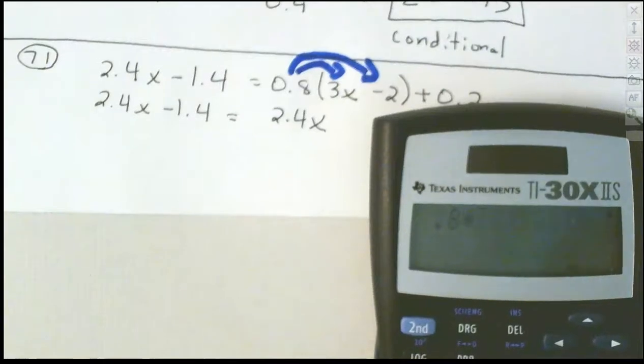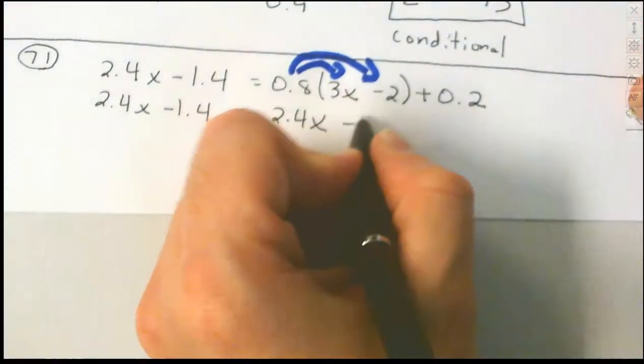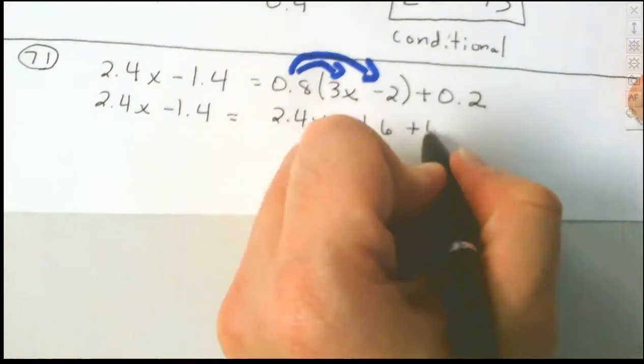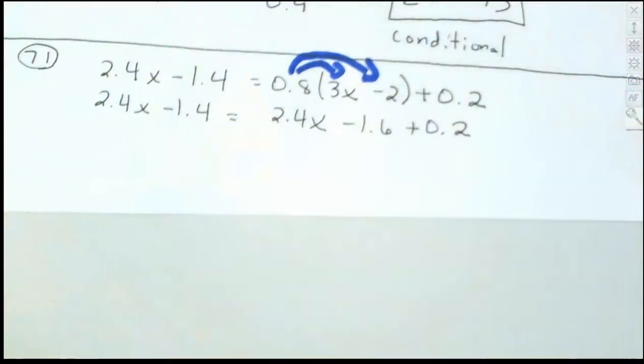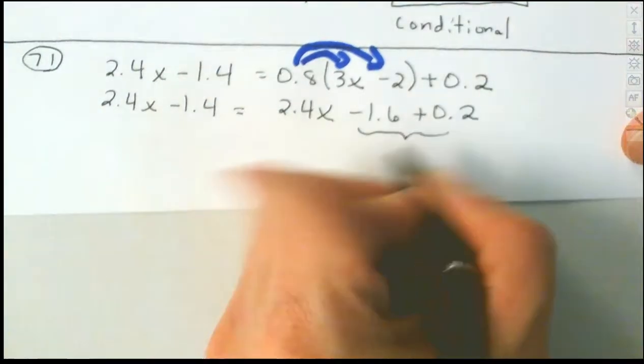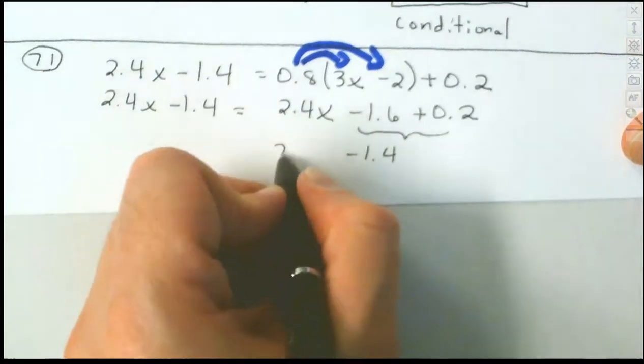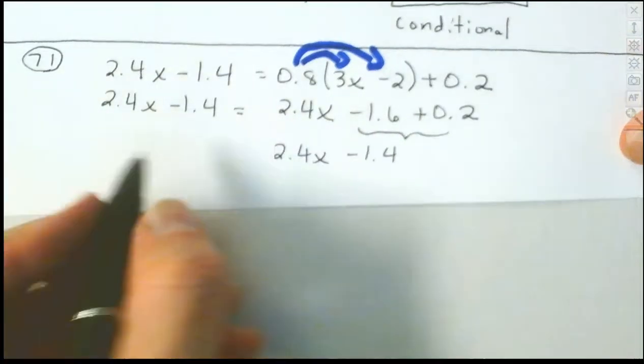0.8 times a negative 2. Always put the positive in. We know our sign's going to be a negative. So that's a minus 1.6. And now what's going to happen when we put these together? That gives you a minus 1.4 together with that 2.4x.